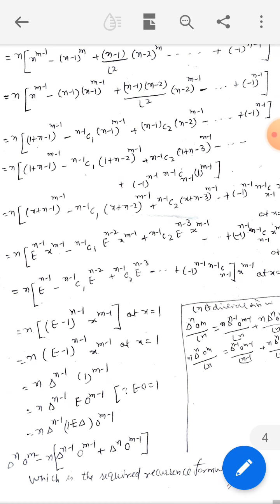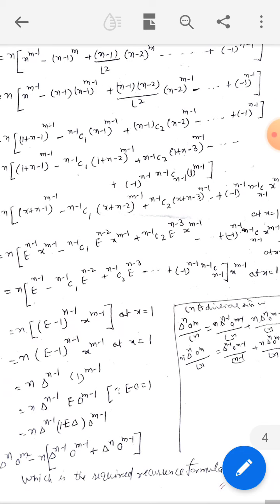If we take x equal to 1, this can be written as n into [(x plus n minus 1)^(m minus 1) minus (n minus 1)C1 (x plus n minus 2)^(m minus 1) plus (n minus 1)C2 (x plus n minus 3)^(m minus 1)] plus the other terms, which are the same.